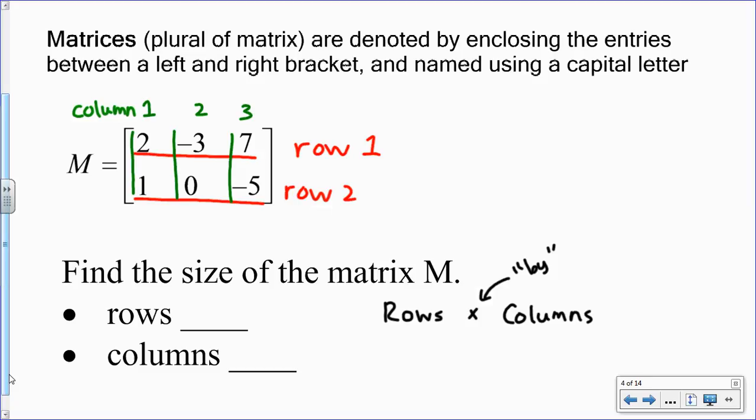Okay, so matrix M has how many rows? 2. And it has how many columns? 3. So the size of matrix M is a 2 by 3. It is a 2 by 3 matrix.